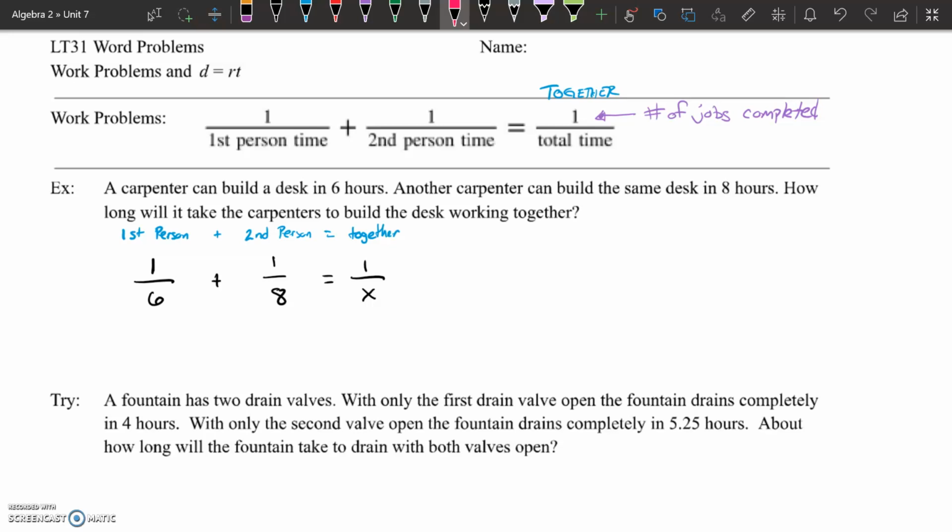So in this case, some of you might just recognize, okay, I'm going to use a common denominator and multiply all 3 denominators. That's okay. And that means what you're doing is you're going to multiply every term by x, by 6, and by 8 in every single term. x times 6 times 8 and x times 6 times 8.